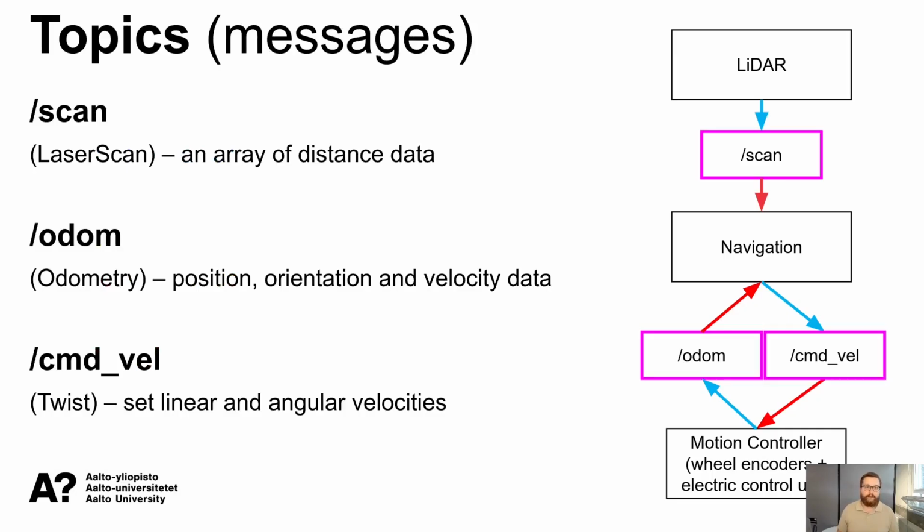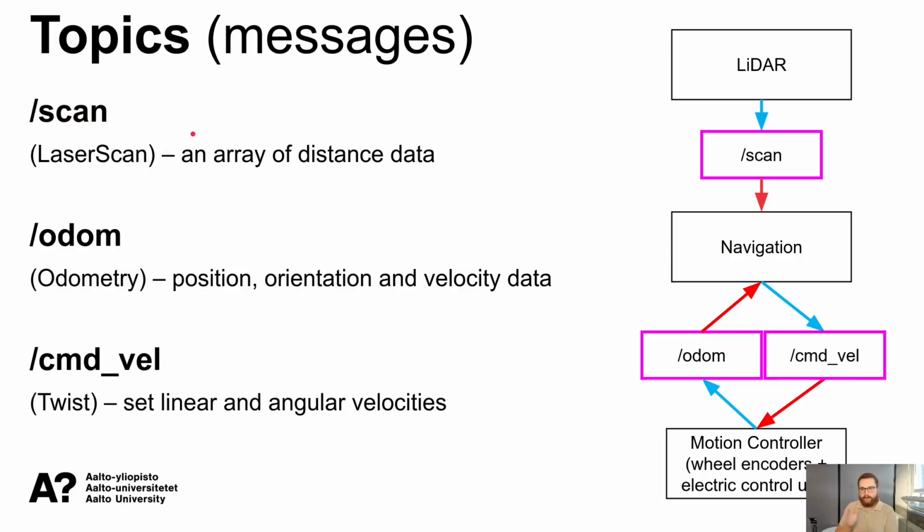Yeah, and as said, these topics are basically concrete examples of topics that you commonly find with ROS-based mobile robotic systems. And topics have these predefined message types that are defined when the topics are created. Now, for example, this scan topic could contain a message type, a laser scan, which is basically an array of distance data.